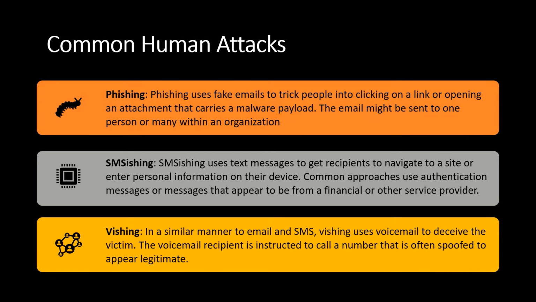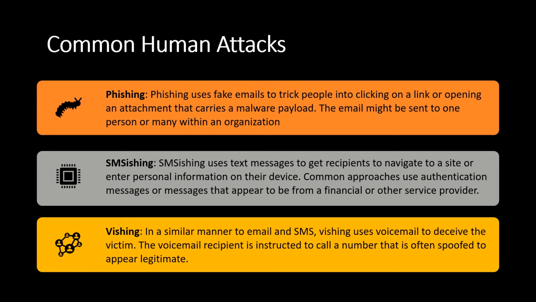Common human attack vectors in ransomware attacks consist of phishing mails or fake emails that trick people into clicking on a link or opening an attachment that carries a malware payload. The email might be sent to one person or many within an organization. Another form is called SMS phishing, which lures users to navigate to a site or enter personal information through text messages on a device.